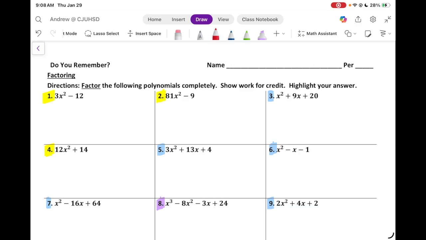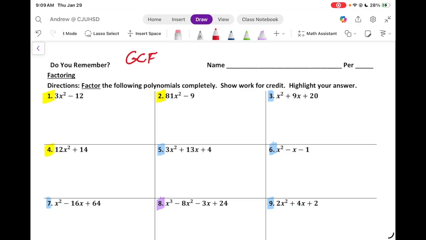Now, overall, the number one thing you always want to do is to factor out a GCF first. GCF, that's greatest common factor. That means the biggest number that can divide evenly into all of the numbers. So let's see if that works on number 1.